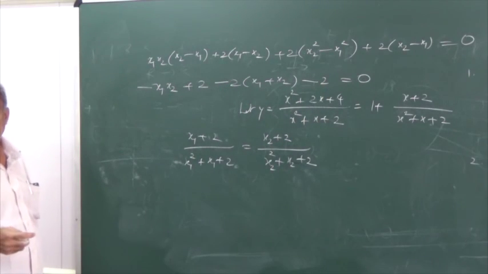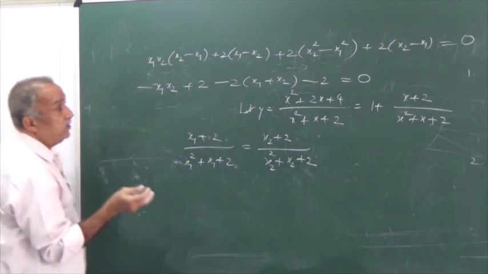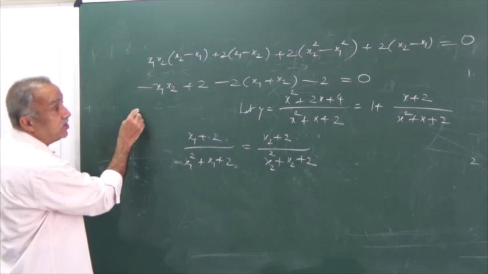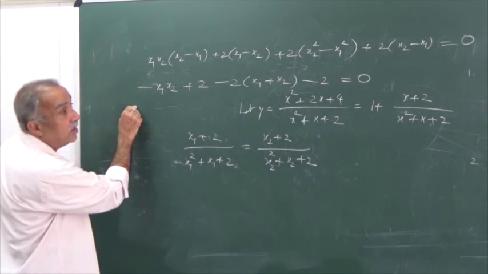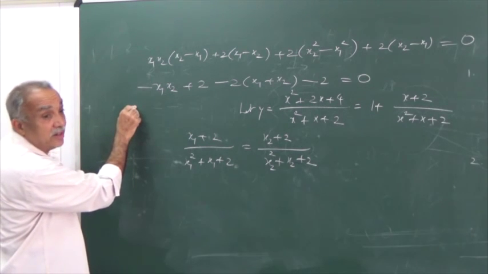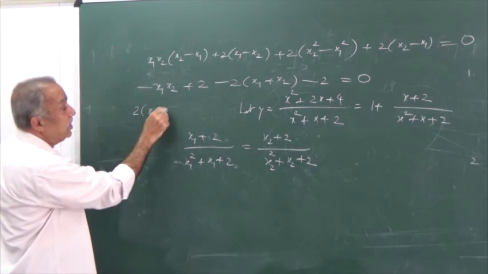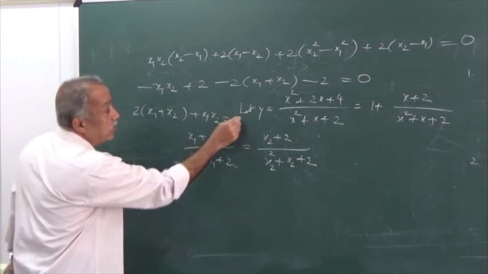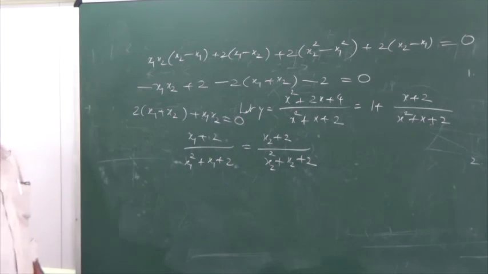Agreed? What I am left with is 2(x1 + x2) + x1 x2 = 0. Am I right? Yes.